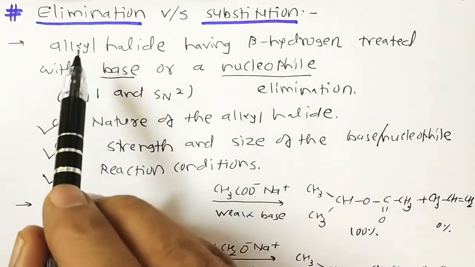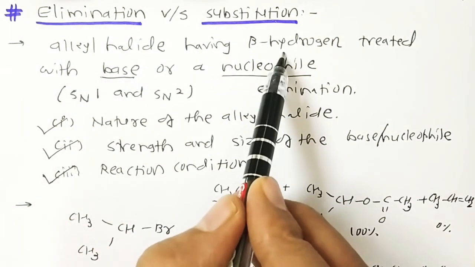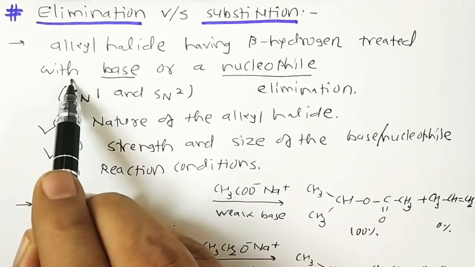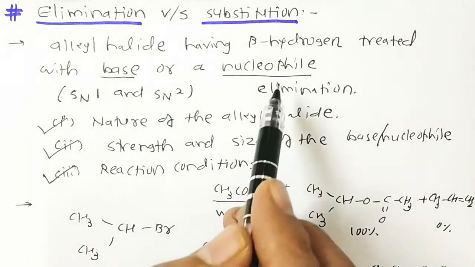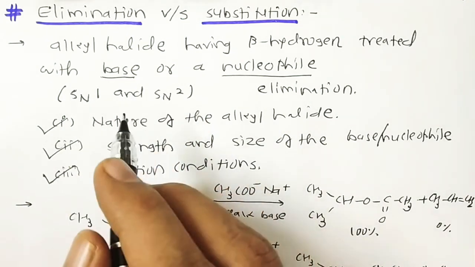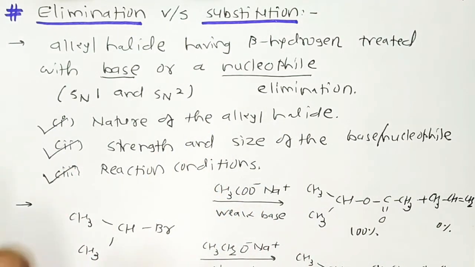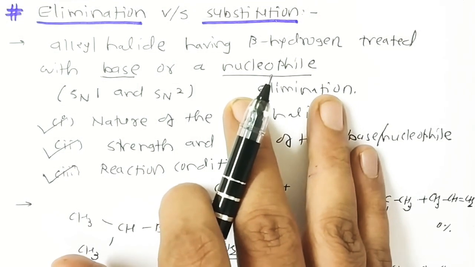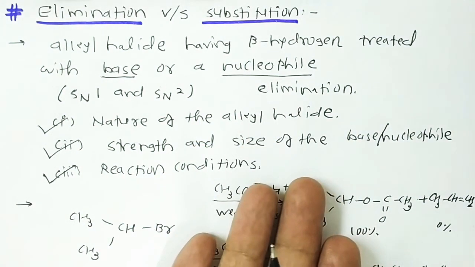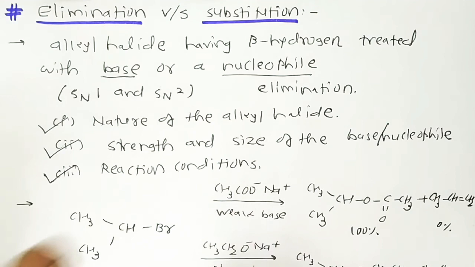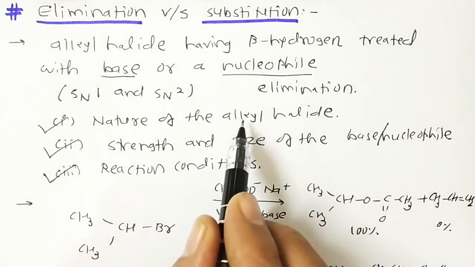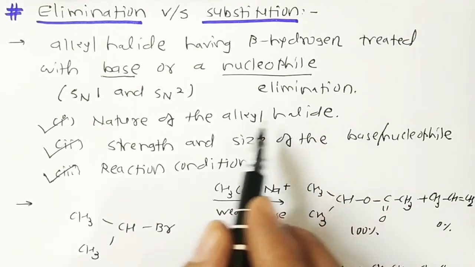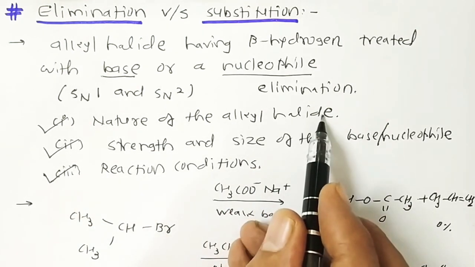When an alkyl halide having a beta hydrogen is treated with a base or a nucleophile, it can undergo two types of reactions: substitution reactions like SN1 and SN2, and elimination reaction. But which reaction occurs predominantly depends upon the following factors. The first factor is the nature of the alkyl halide, which plays a vital role.